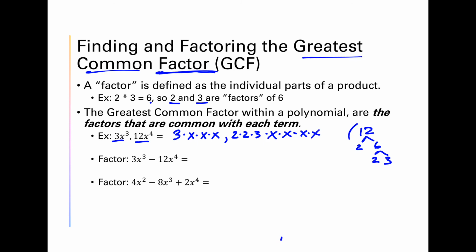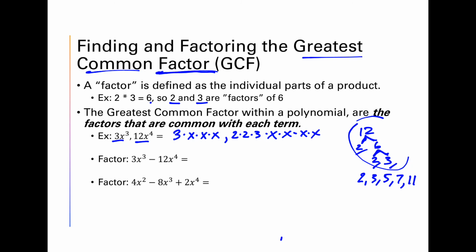When you do something like this, start off with 2 and use it till you can't use it anymore, then go to 3, and you break these down until they're prime. They're numbers that cannot be broken down any further. So 2, and then 3, 5, 7, and 11. That'd be the next prime number.